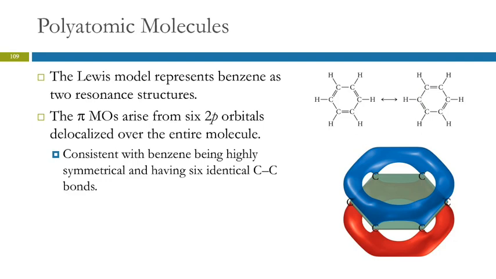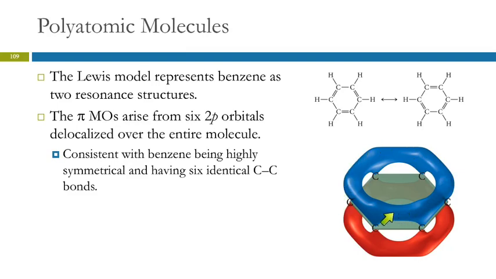So we're just moving the double bonds around, and that's resonance, right? Resonance, that word suggests vibrating back and forth to me, but that's not what happens. It's actually a hybrid, right? It's a combination. It's between these 2. It's neither of them. Molecular orbital theory can explain benzene as a delocalized molecular orbital that goes over the entire molecule.